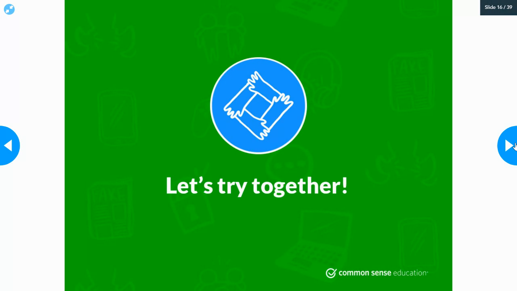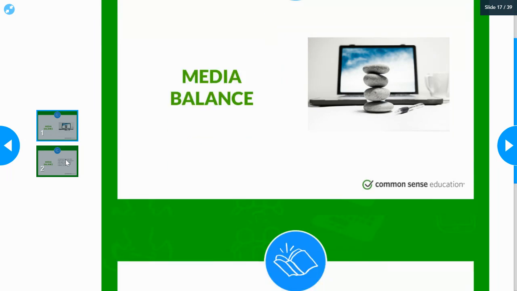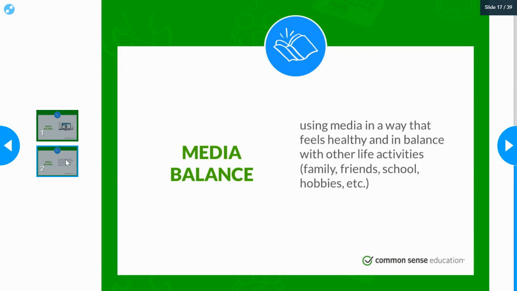All right, so let's try this together. Okay, so media balance. What is media balance anyway? Using media in a way that feels healthy and in balance with our life activities, family, friends, school, hobbies. So media balance is using media in a way that helps our lives, not inhibits our lives.